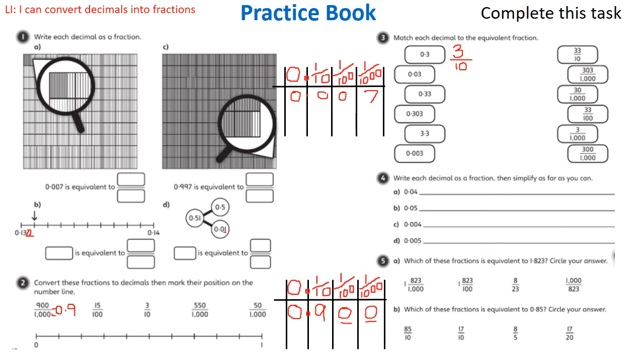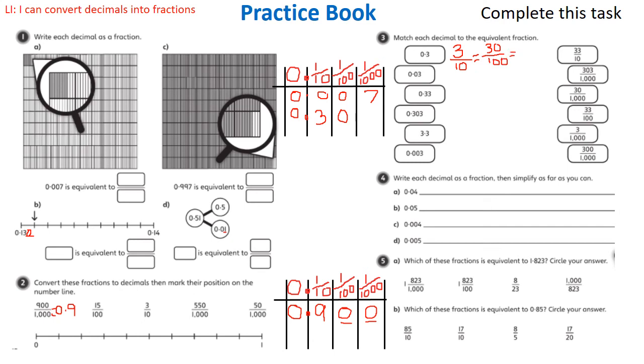Well, if I come back to my place value chart here, this might help us. So 3/10. Well, how many hundredths is 3/10? If I put it there, maybe that helps me. I can also write it as 30 hundredths. Do I have a 30 hundredths? No, I don't. How else could I write it?